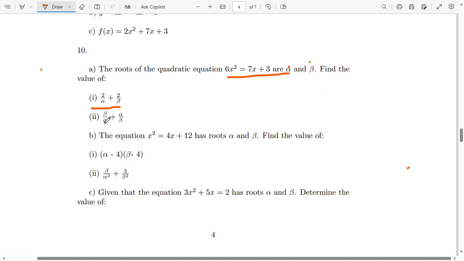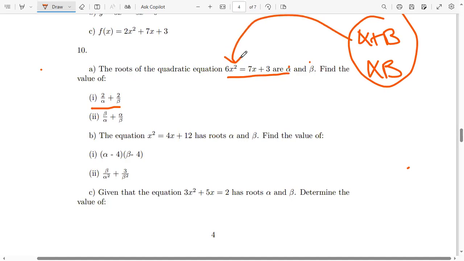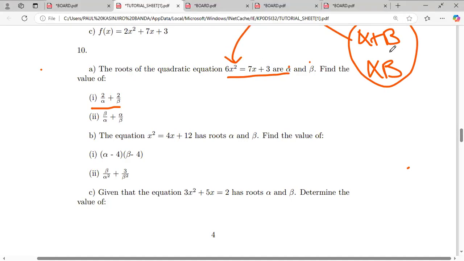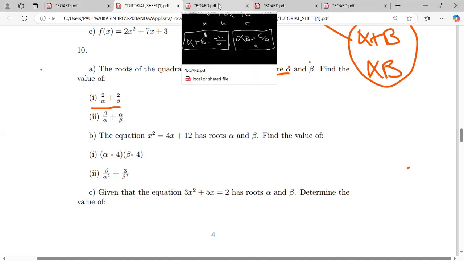And then number 2, find beta over alpha plus alpha over beta. So what are we supposed to do? First, we have to find the value of alpha plus beta, and second, the value of alpha multiplied by beta. We know we can get these values from this quadratic equation, so let's see if we can find alpha and beta there.